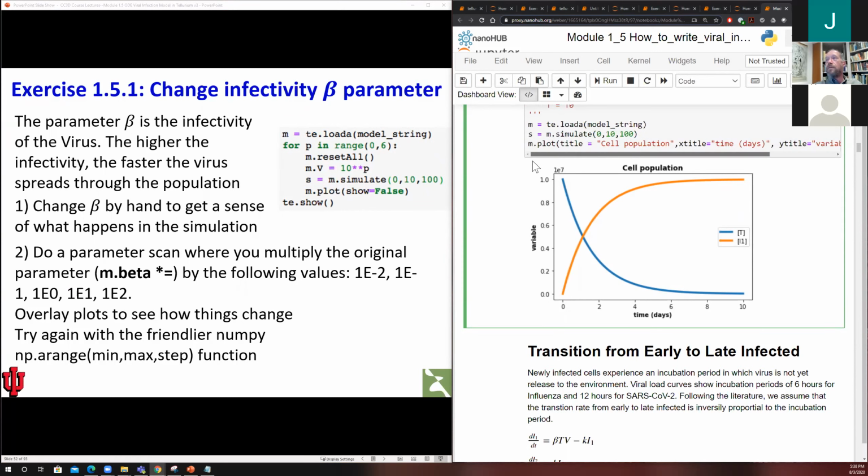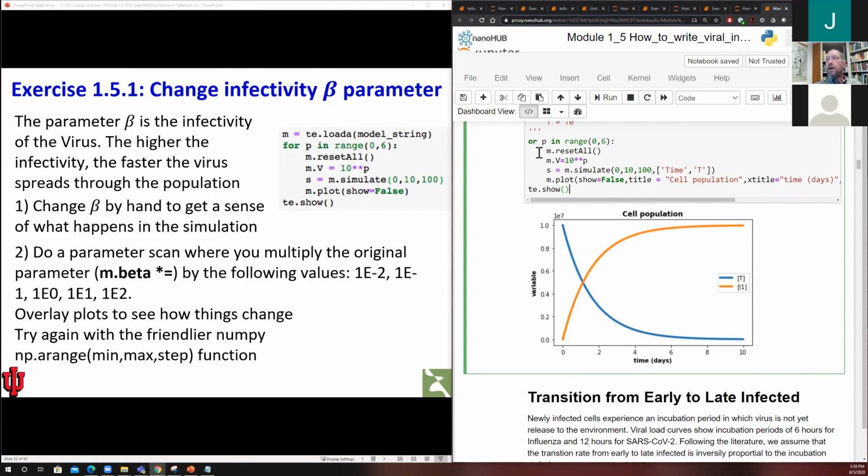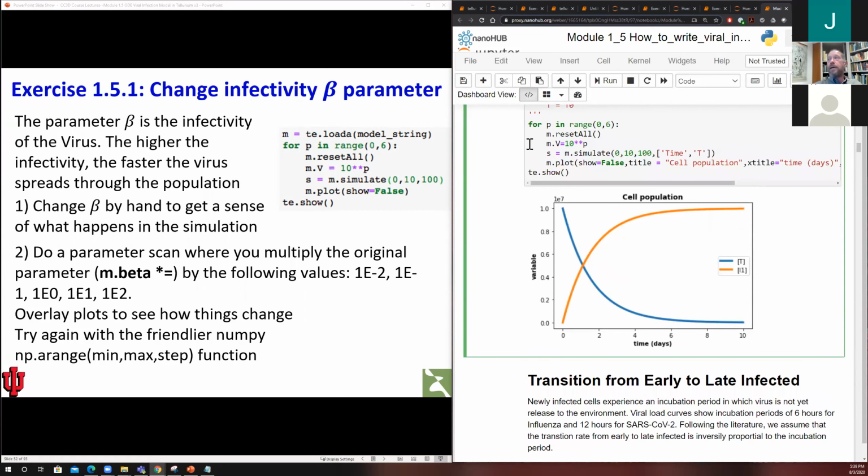The one problem with using a larger font is that then the lines tail off. So I'm going to type for p in range. And the instructions are to go m.beta times equals for beta equal e to the minus 2, e to the minus 1, 1, 10, and 100.